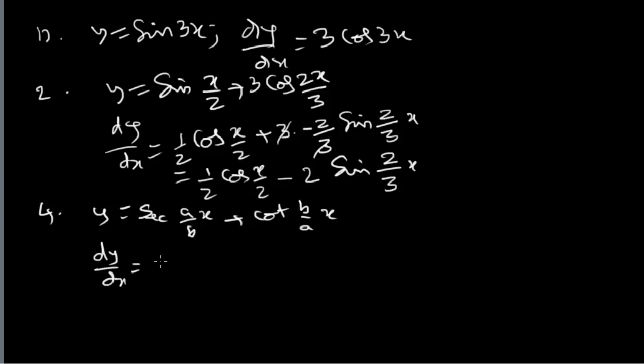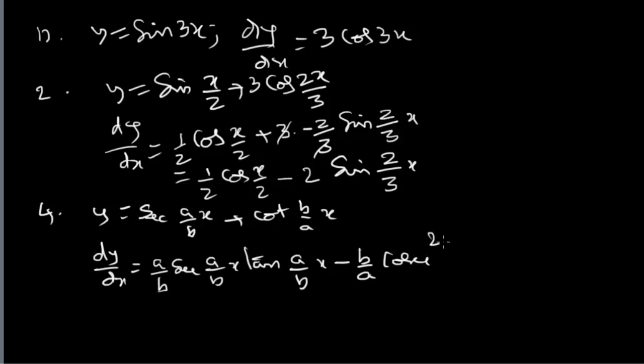So a by b secant a by b x into tan a by b x. And here, differentiation of cot ax is minus a cosecant squared ax. Here a is what? B by a. Minus b by a cosecant squared b by a into x. This is what we have got.